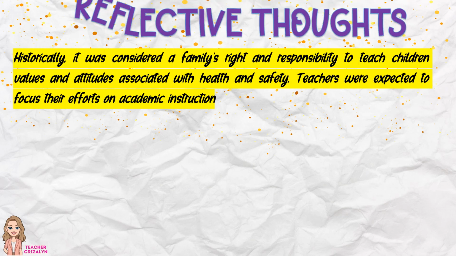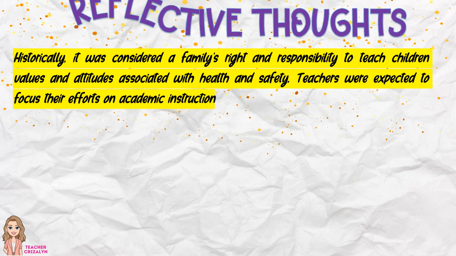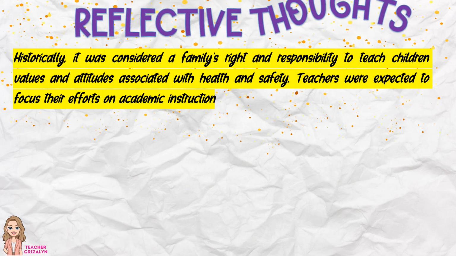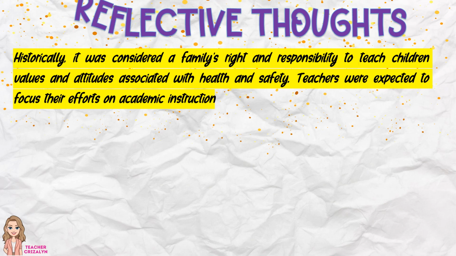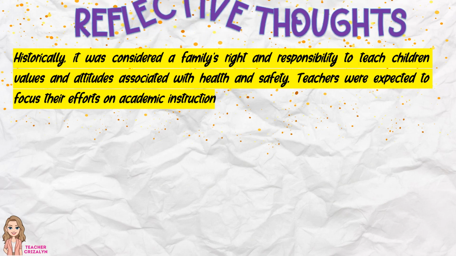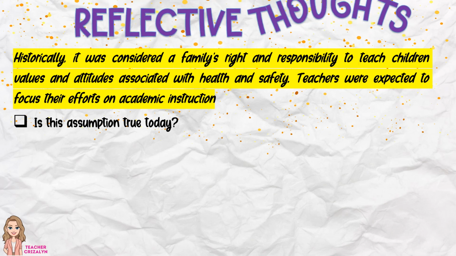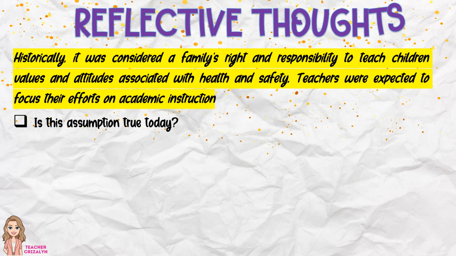For your reflective thoughts: historically, it was considered a family's right and responsibility to teach children values and attitudes associated with health and safety. Teachers were expected to focus their efforts on academic instruction. Answer the following questions. Is this assumption true today?